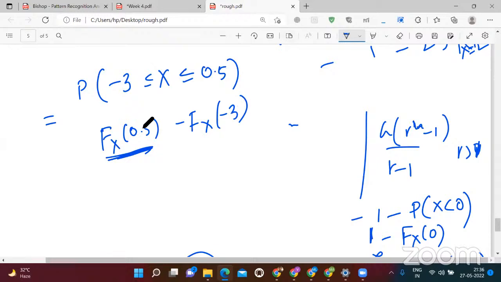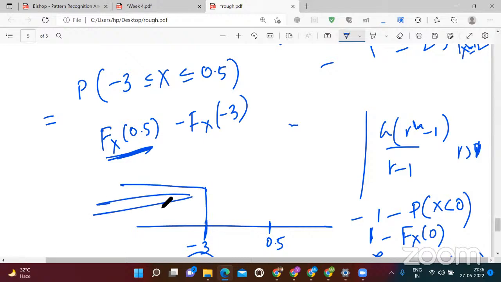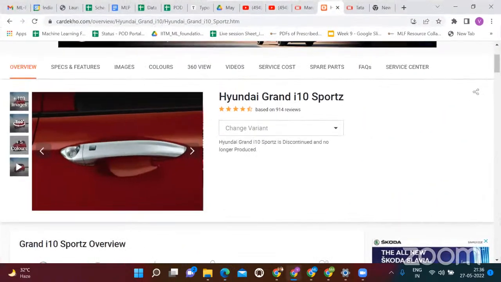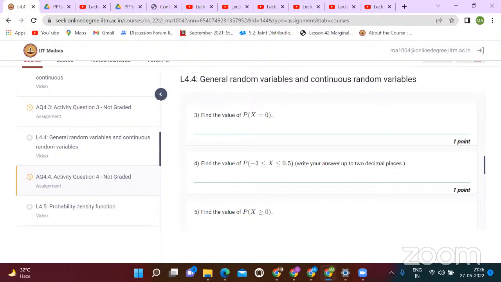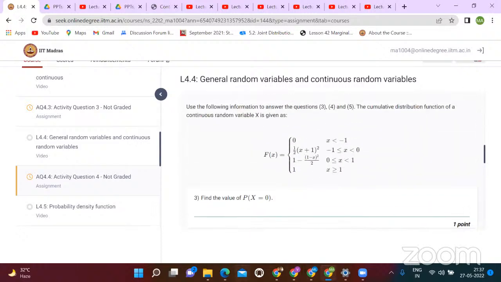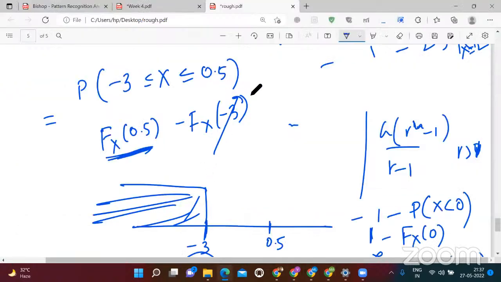So if you plot this on a line, this is till 0.5, this is -3. The CDF till -3 is 0. Up to -1 it's 0. Now you have to calculate F of X at 0.5 only.